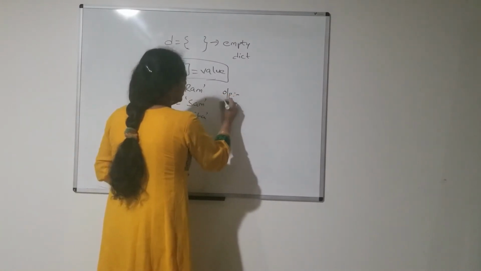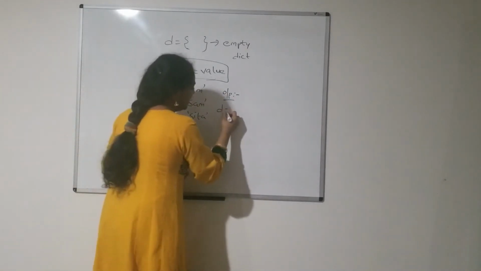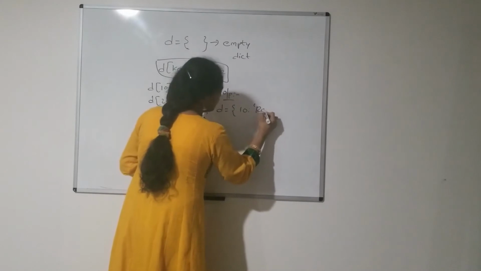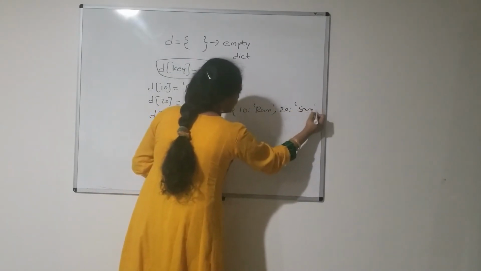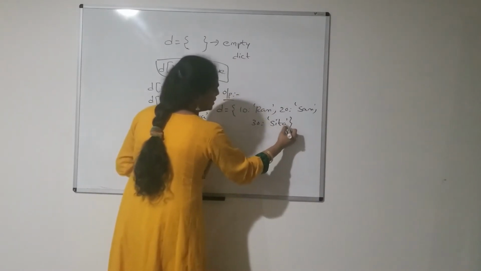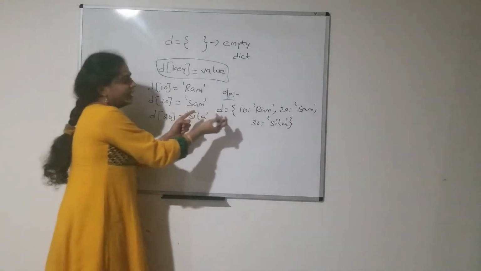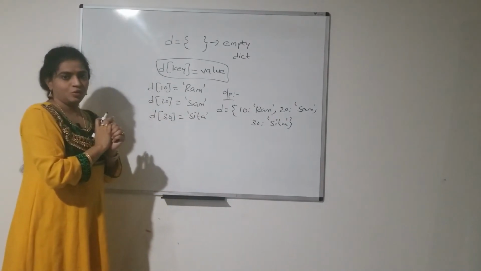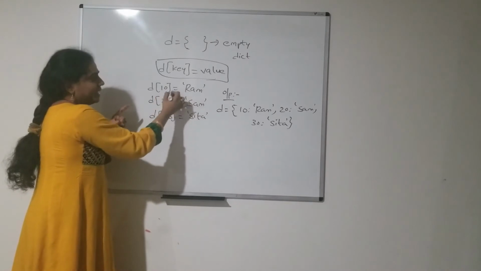If you take the data like this, then the output will be represented like D equal to 10 colon Ram, 20 colon Sam, 30 colon Sita. So if you represent the data like this, the output will be represented in this format. That means the keys and values should be represented.